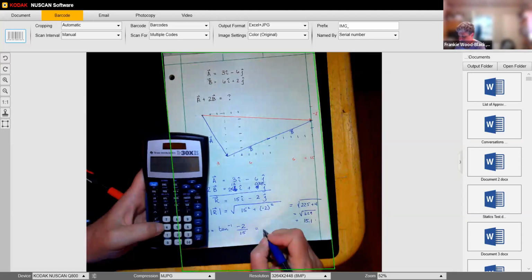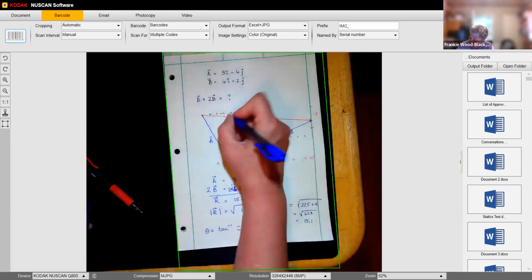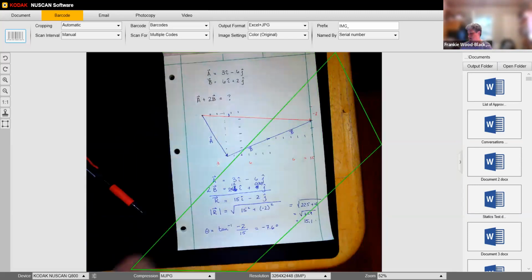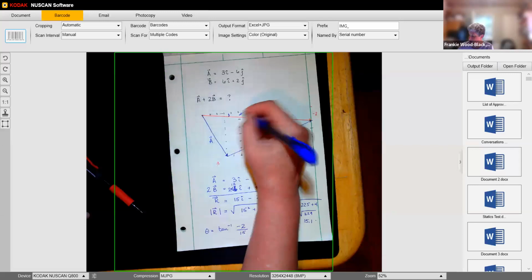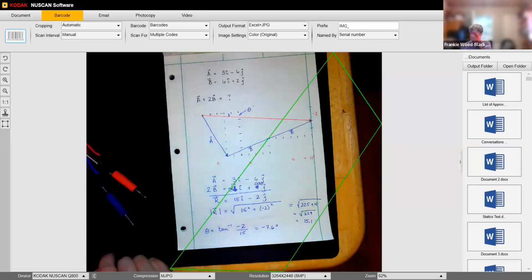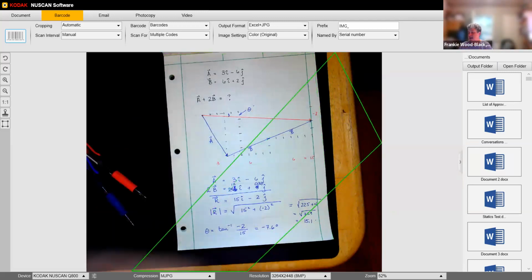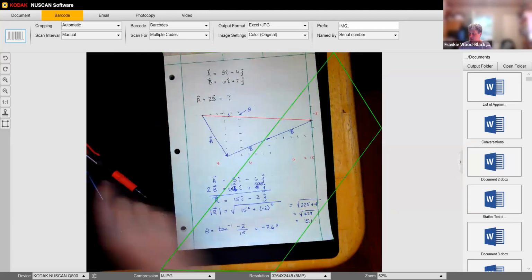Gives me a negative 7.6 degrees. That looks about right. That looks a little bit like less than 10. So there's our angle that we just calculated. So if you do the negative, you're going to use that same thing on the negative.